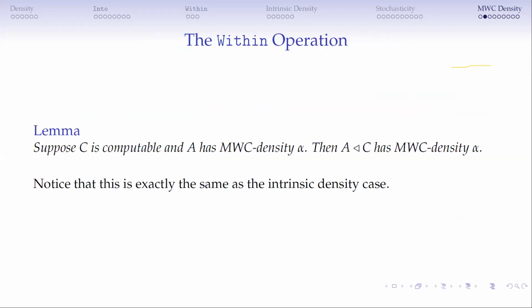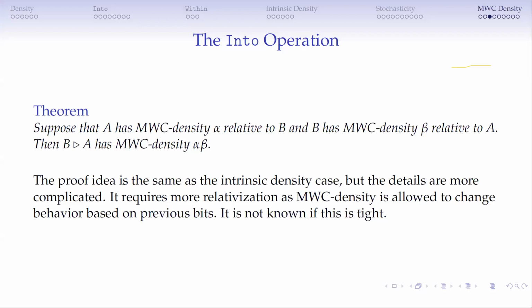Okay, so within an operation, as I said, nothing changes. So if C is computable and A has MWC density alpha, then A within C has MWC density alpha. So nothing's changed here from the intrinsic density case. With the into operation, it's almost the same. So if A has MWC density alpha relative to B, and B has MWC density beta relative to A, then B into A has MWC density the product.